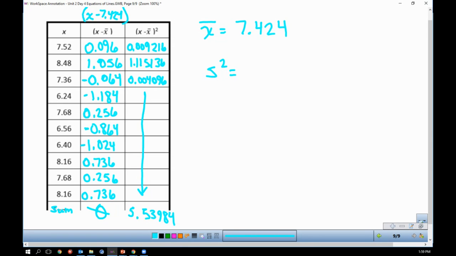Okay, so I'm going to talk about the table real quick. The average that you should have found is 7.424. That should have been your average. So in the middle column, you take all your observations and subtract 7.424 from them.